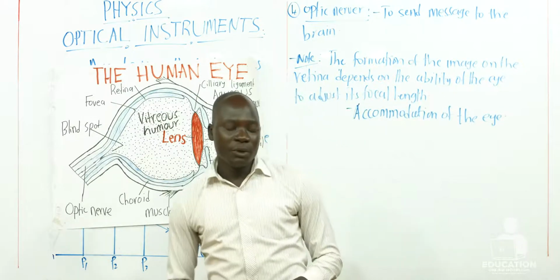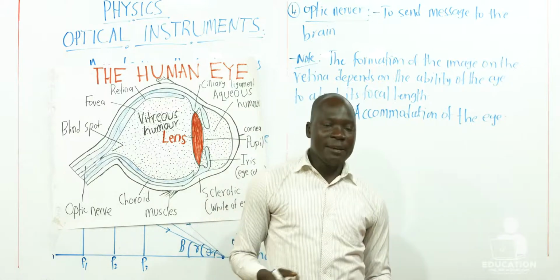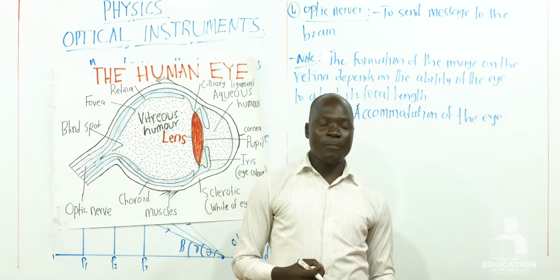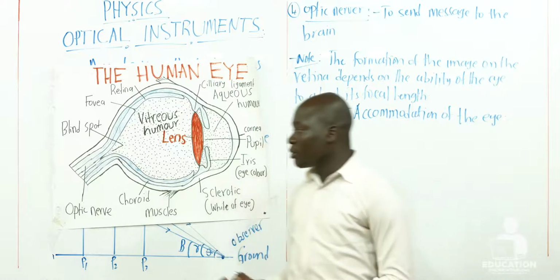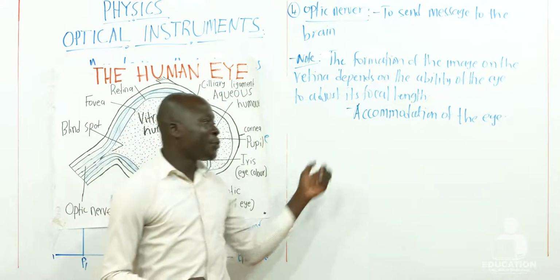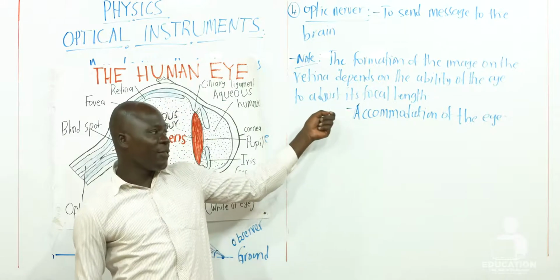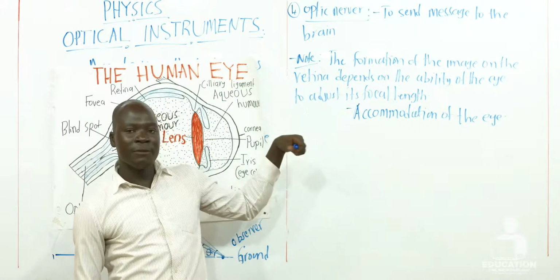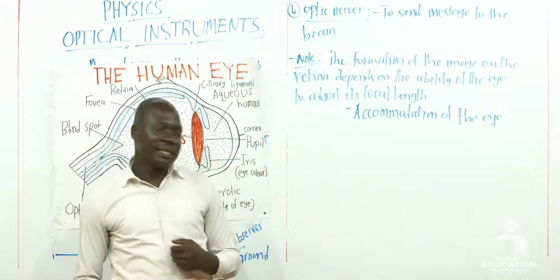So dear learners, you can be asked, define accommodation of the eye. Accommodation of the eye refers to the ability of the eye to adjust its focal length so that rays can be focused on the retina.